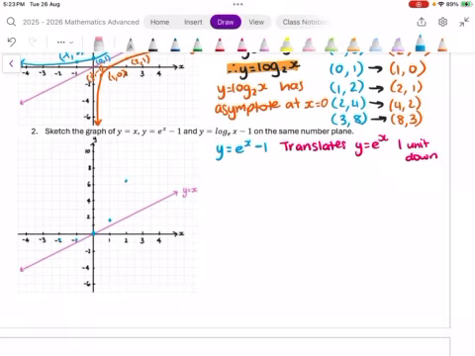So what we see is that it has an asymptote. y equals e to the power of x minus 1 has an asymptote at y equals -1, because normally the asymptote for an exponential is at y equals 0.